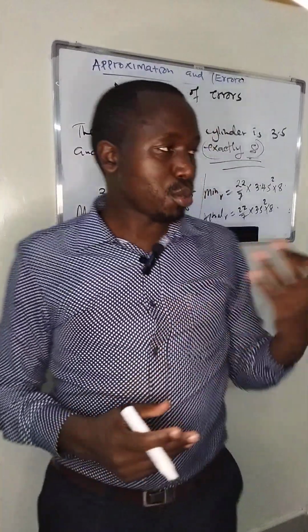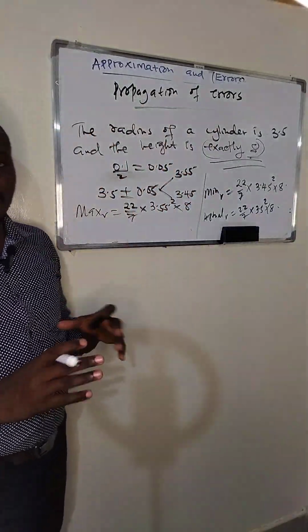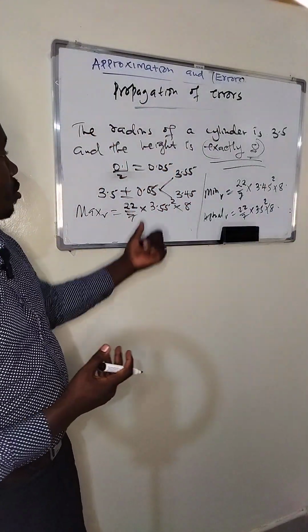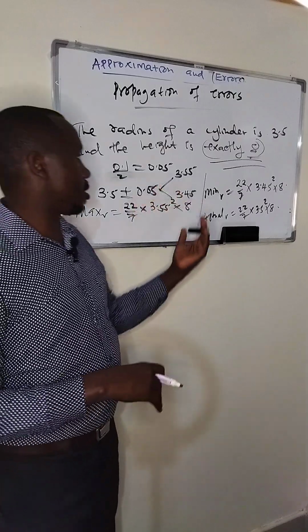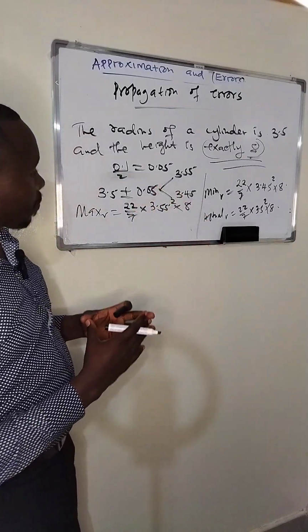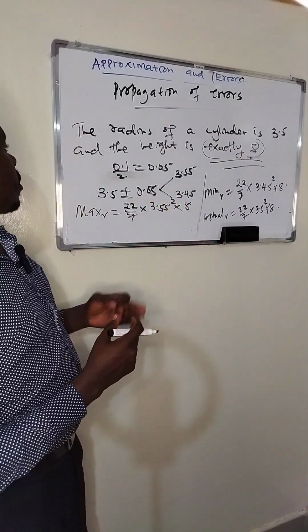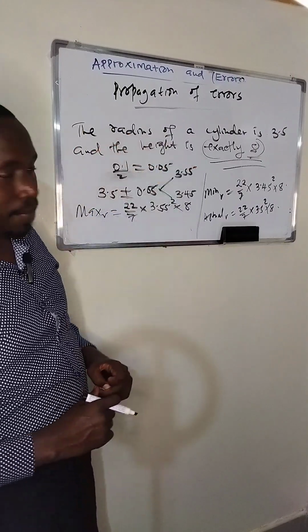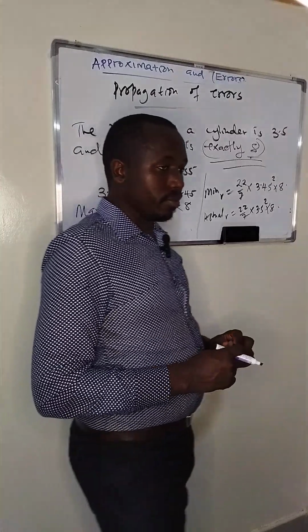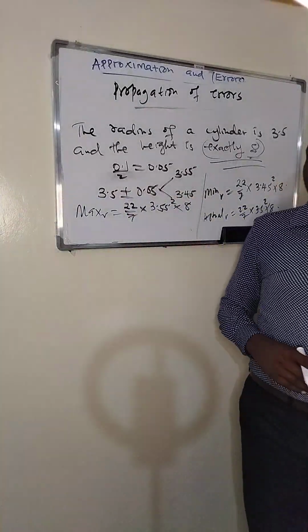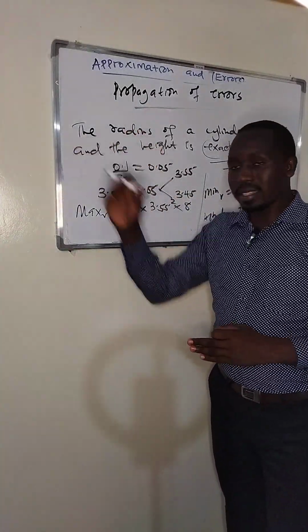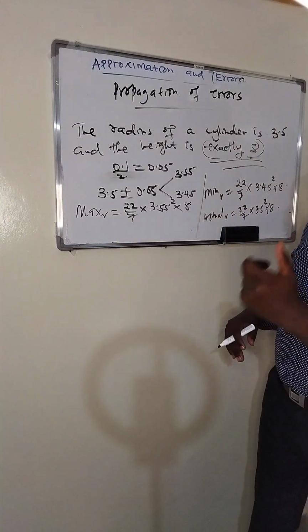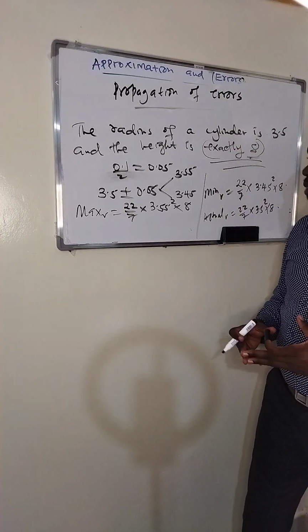So you notice throughout this topic, many students will find it to be difficult, but you notice it is as easy as can be. You just need to classify them, know when you need to get the limits, know when you need to use the percentage as it is when you're given the error. Notice that again, as we discussed earlier, with rounding off and truncation, there is going to be an error.